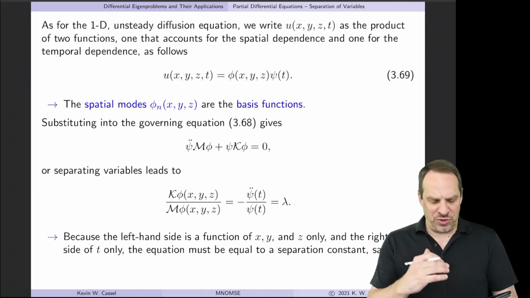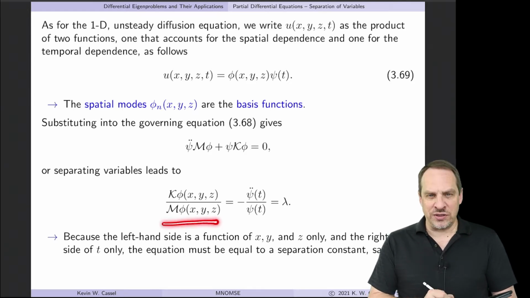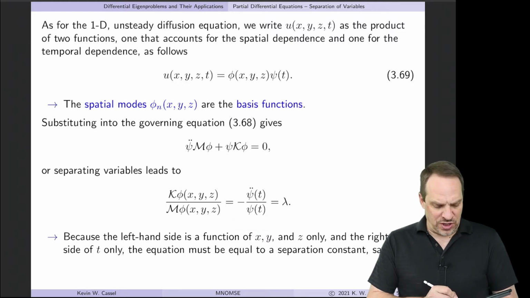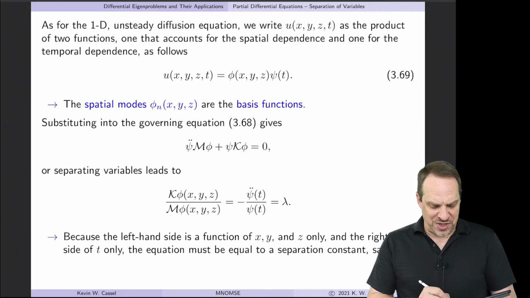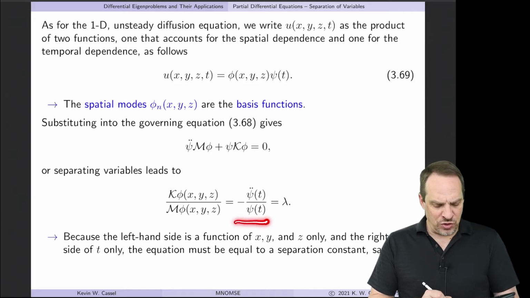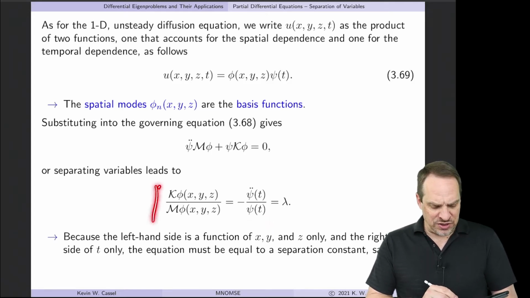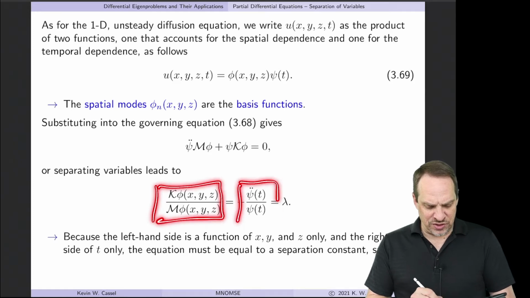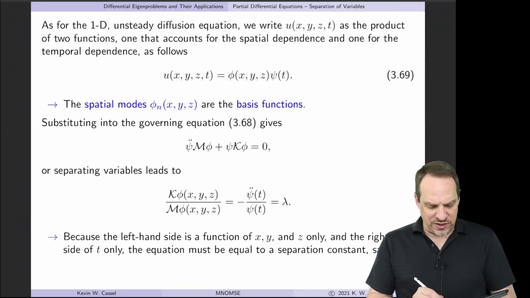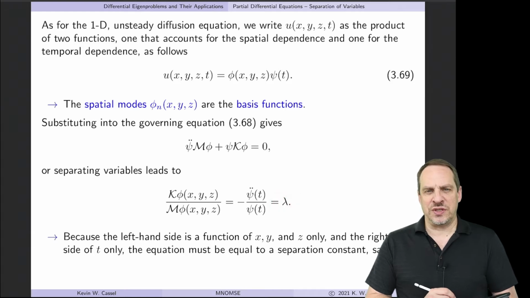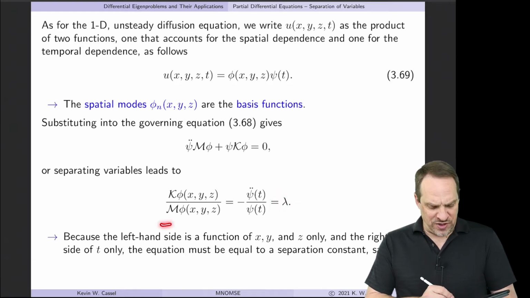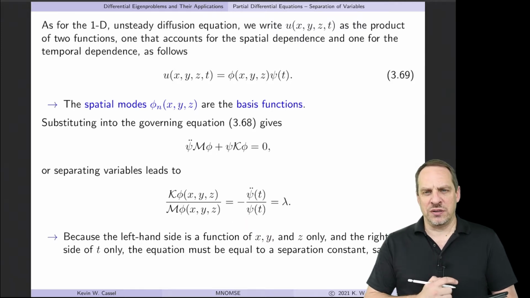The question is, can we put all the spatial information on one side of the equation and all the temporal material on the other side? And we can: K phi over M phi is equal to minus psi double dot over psi. Because we can separate the spatial and the temporal dependence, that tells us that we have a separation constant, lambda, because we can vary x, y, z, and t independently of one another.